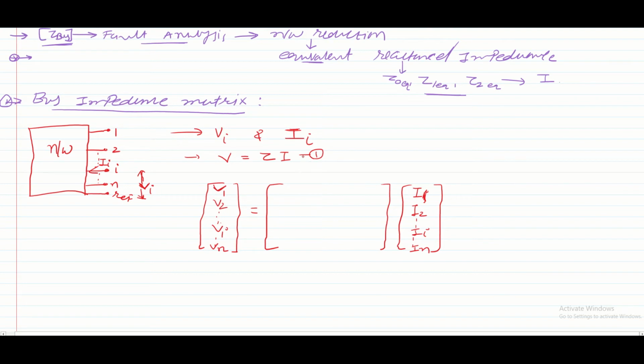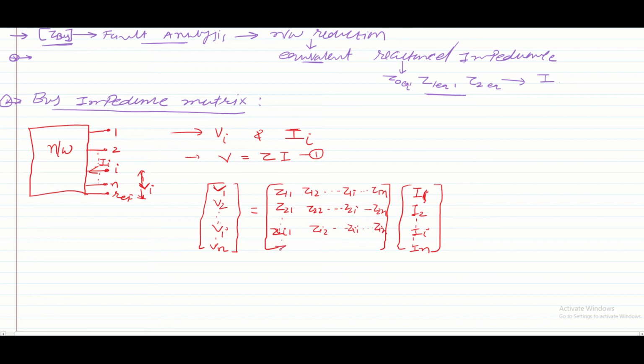And here the impedance matrix is Z11, Z12, then Z1i and Z1n. Similarly, Z21, Z22, again Z2i and Z2n. Same way for the ith bus, it is Zi1, Zi2, Zii and Zin.